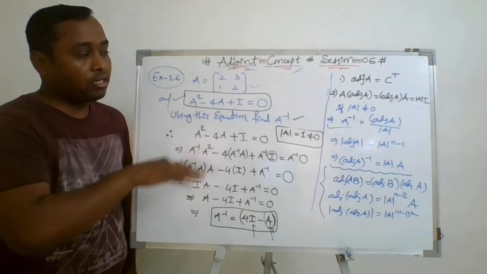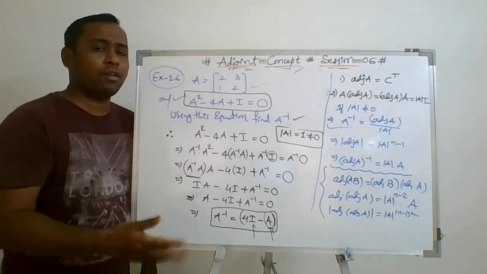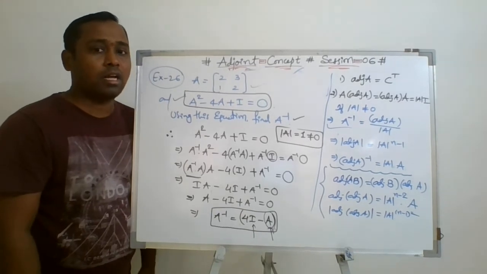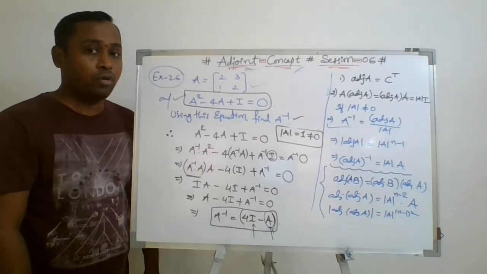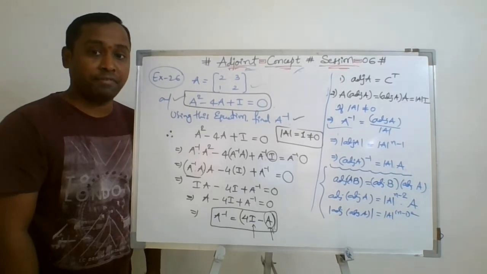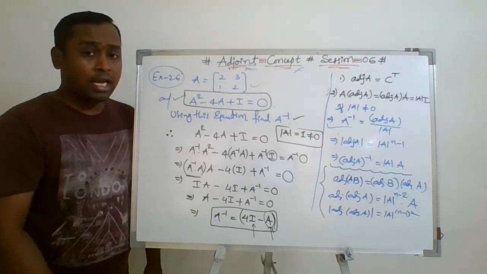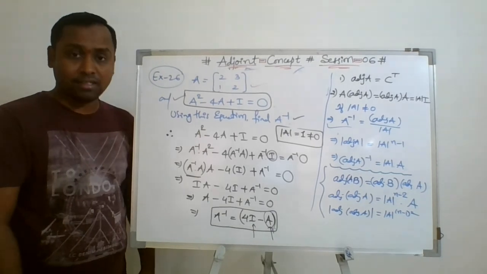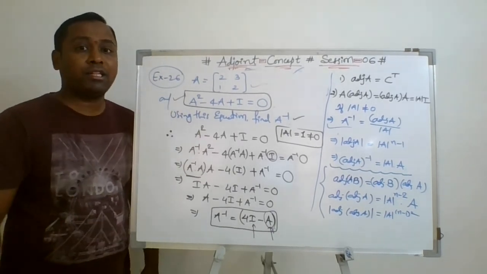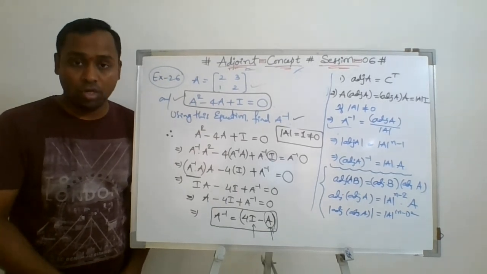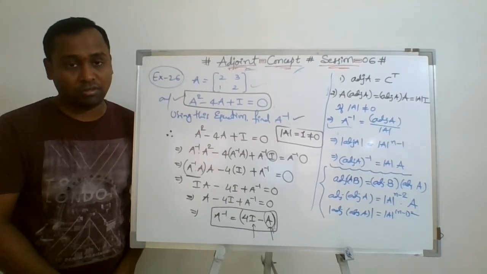Based on that key result, several results are derived. Almost I think there are 15 results you can derive from the main definition. So I have listed the maximum number of results here. By using those results, we have discussed the methodology to find the inverse of the matrix in this section.